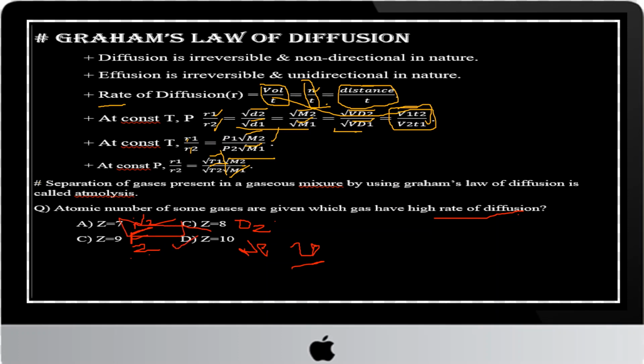Then it becomes option D. Simply make a note of the options and you will find it easily. The correct option is option D, that's Z equals 10.